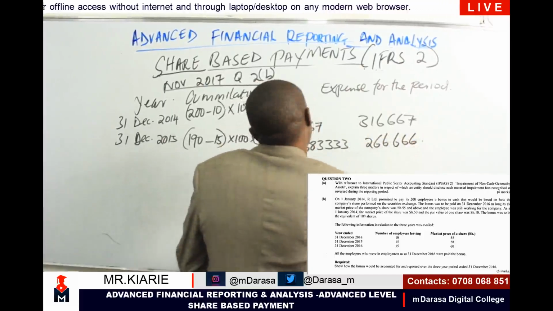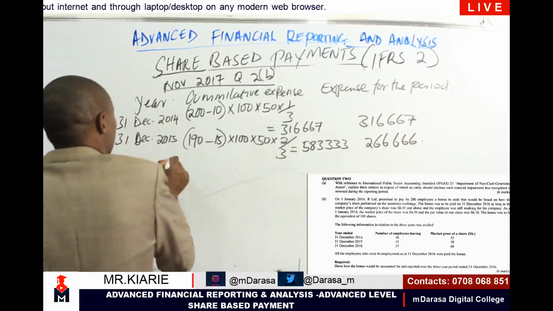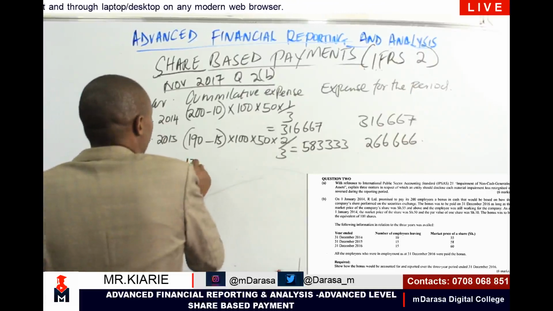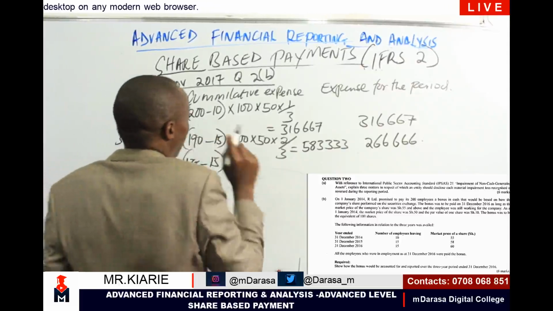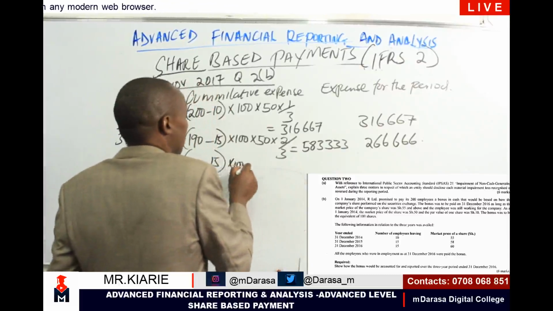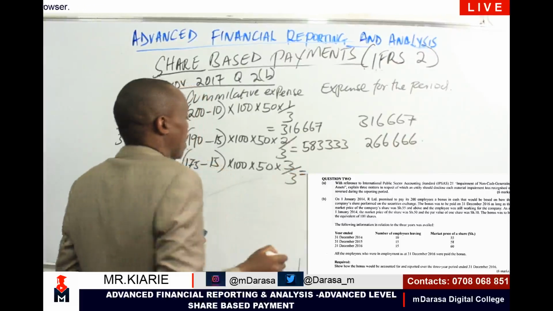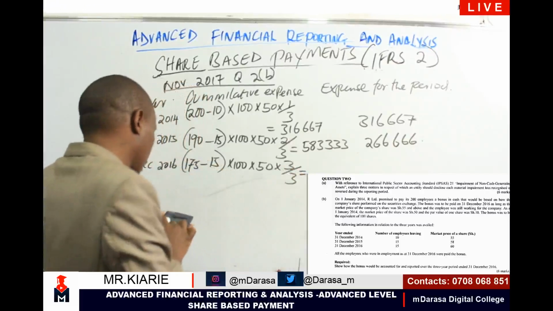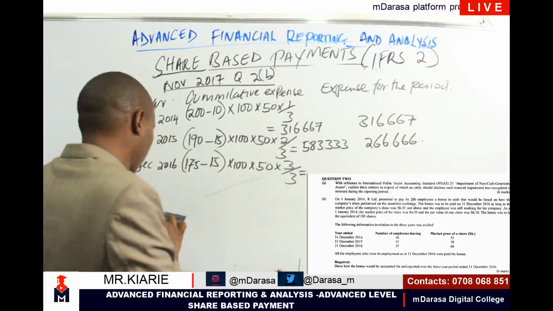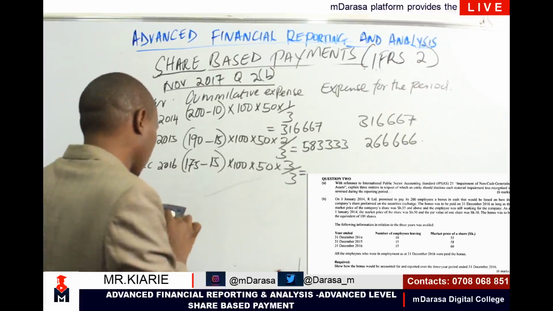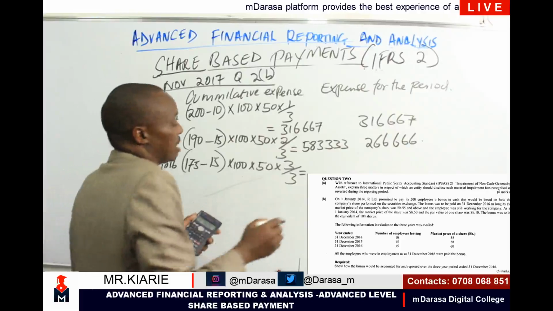Finally, year 3 ending 31st December 2016, I had been left with 175 employees, and another 15 employees are leaving in the 3rd year. So 160 times 100 times 50 times 3/3, or rather times 1. It gives me 800,000.